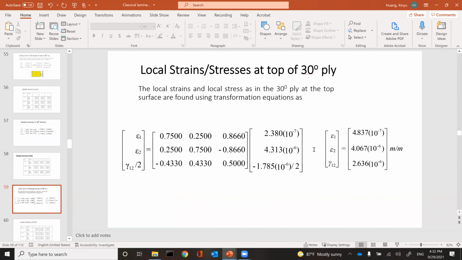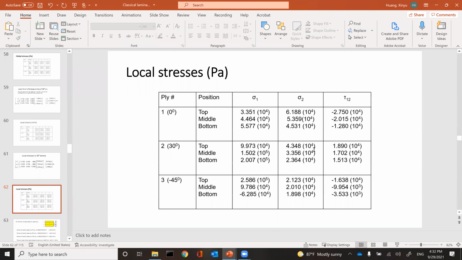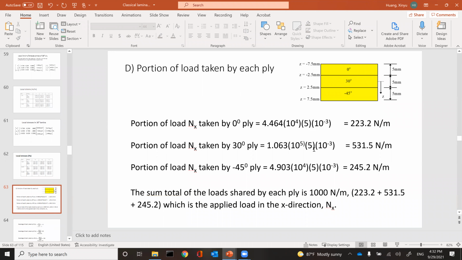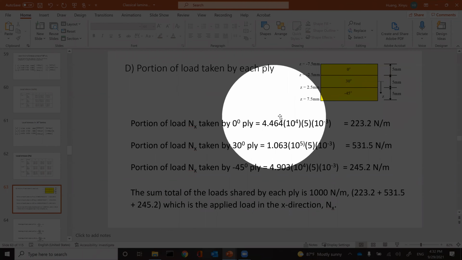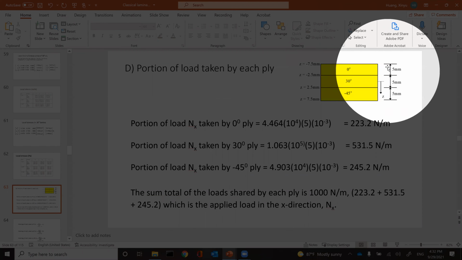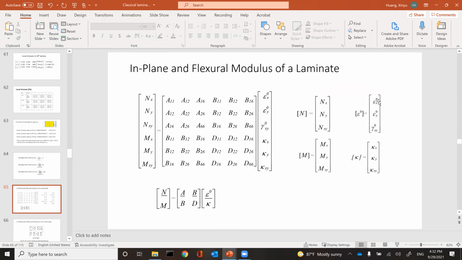Basically, the question is about the portion of load taken by each ply. You integrate your sigma x from here to there.